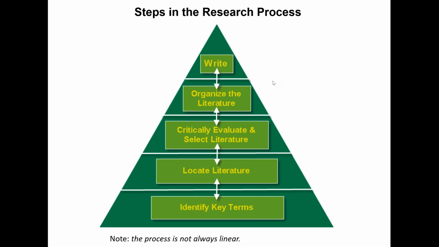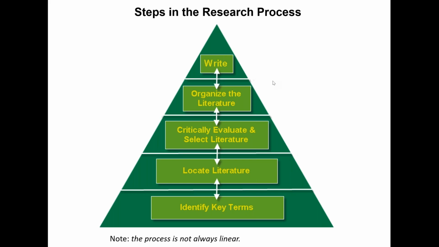So the first step is to identify what are your key terms, right? Because that's what you're going to use then to locate literature. And part of locating literature is also knowing where to look, right? So where do you do your research? Where are the best places to do your research?